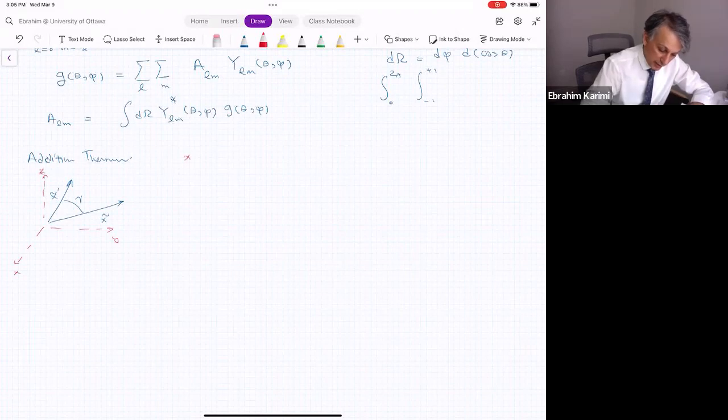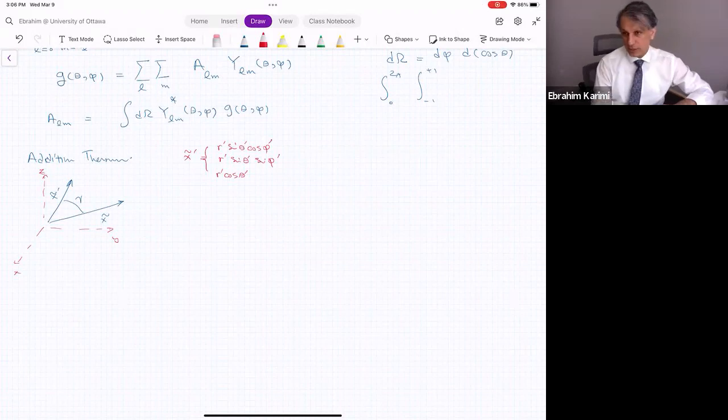You can expand this in terms of Cartesian coordinates, which are x, y, and z. And you will find out that x prime, for example, is given in terms of spherical coordinates as r prime. Along z will be r prime cosine of theta prime. Along the x direction will be r prime sine of theta prime cosine of phi prime, and r prime sine of theta prime sine of phi prime.